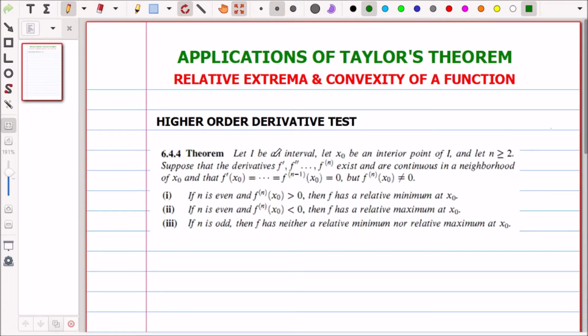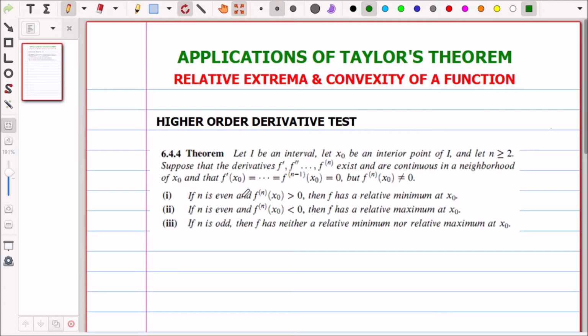It says that if I is an interval and x naught is any interior point of I, and for n greater than or equal to 2, suppose the derivatives f dash, f double dash, up to fn exist and are continuous in a neighborhood of x naught, and that f dash x naught equal to 0, f dash x naught to fn minus 1 x naught all are 0, but fn x naught is non-zero.